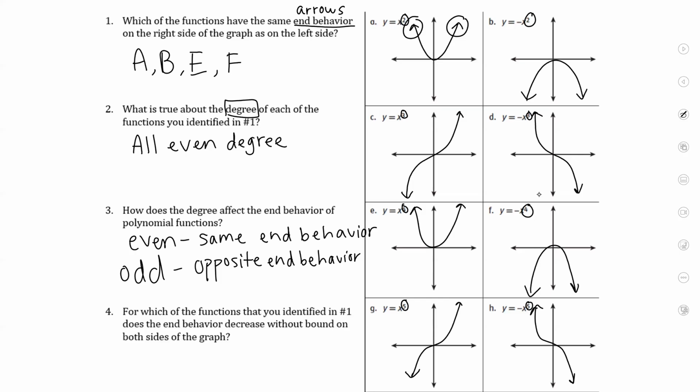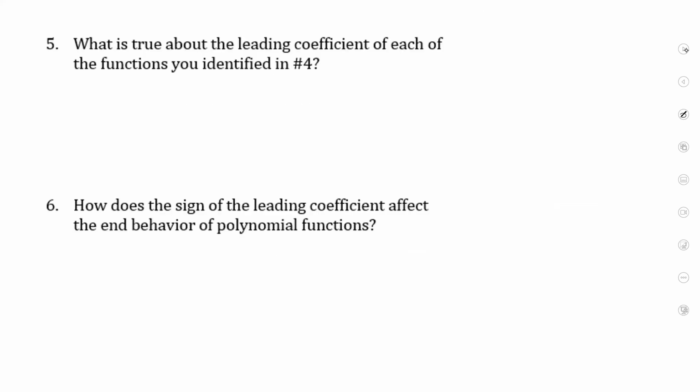Okay, so number 4, it says, which of the functions that you identified in number 1 does the end behavior decrease without bound on both sides? So out of A, B, E, and F, which one is decreasing forever? Yep, B and F. They're both facing down, B and F. Okay, now we're going to answer the next question based on number 4.